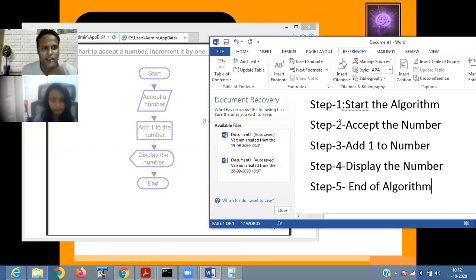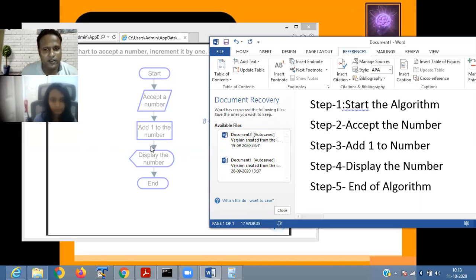So here we only write the statement accept a number. Here it is called the processing box. So here we have defined the process: add 1 to the number. Then to display the output we use the display box. Here we write display the number. Then in your flowchart we use end; here we have mentioned end of algorithm.